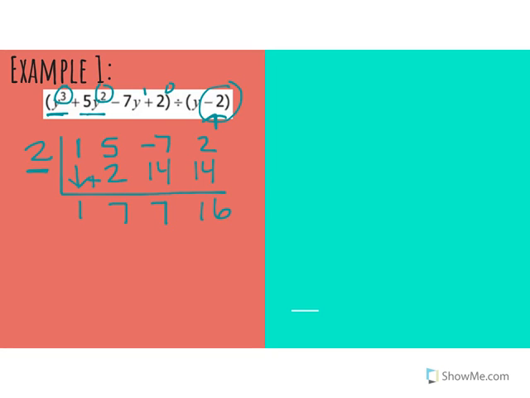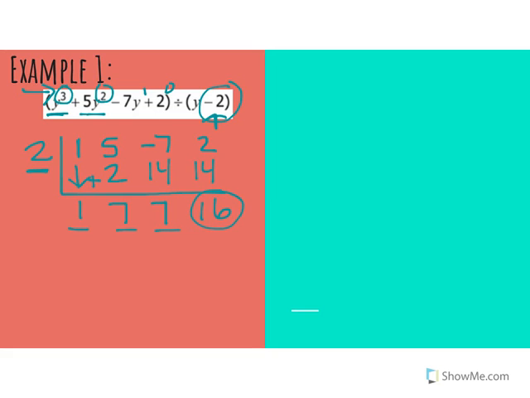Okay, so this is actually our new polynomial here. This is going to be my remainder, and these are the coefficients of our new polynomial. We always start 1 degree less than our actual polynomial. So since we started with a degree of 3, we are now going to start with a degree of 2.